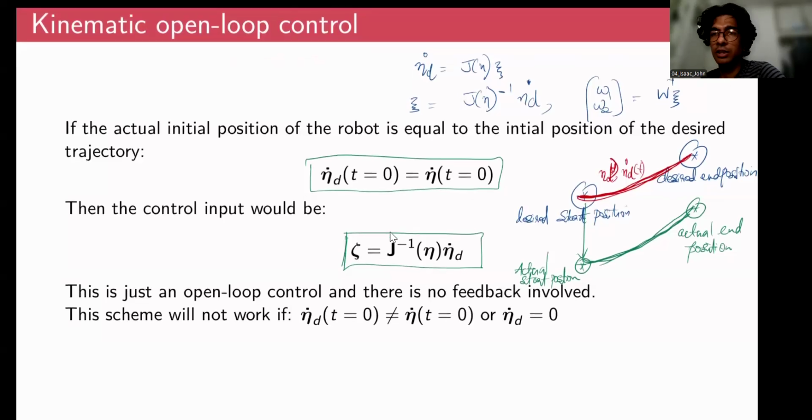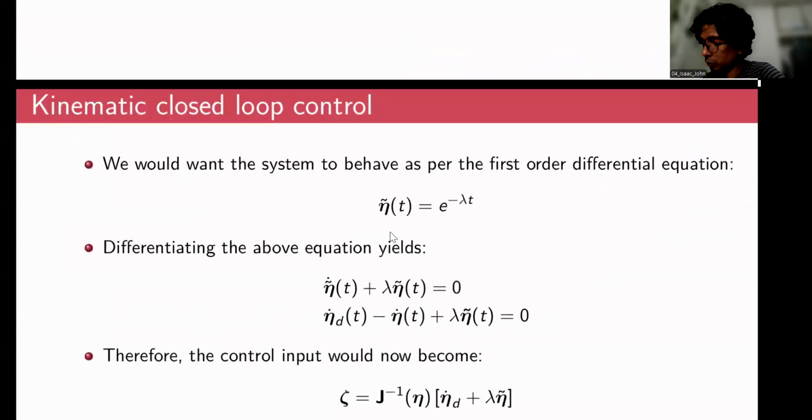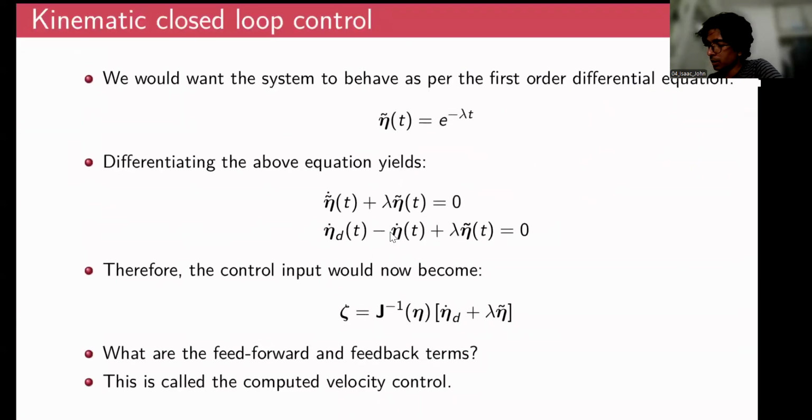Now we'll see a kinematic closed loop control. In a kinematic closed loop control, we want the system to behave as per a first order differential equation, right? We want our robotic system to behave as this differential equation would behave.